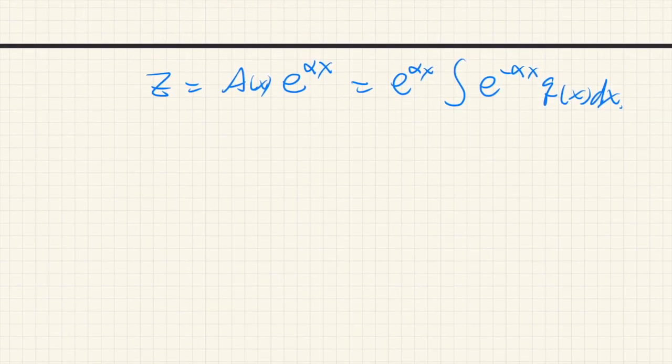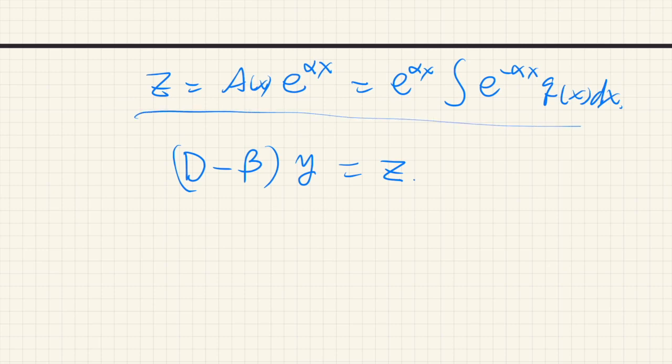So the definition of z was this, (D minus beta) y equal to z. Okay, now let's forget about this one for the moment and just treat this z as just a given function. Okay, to solve this inhomogeneous differential equation, we first solve the homogeneous case.